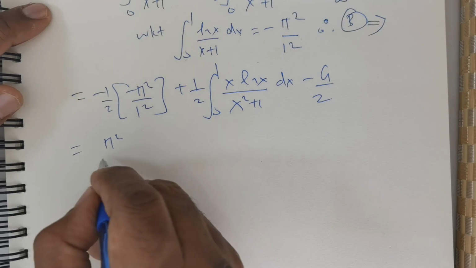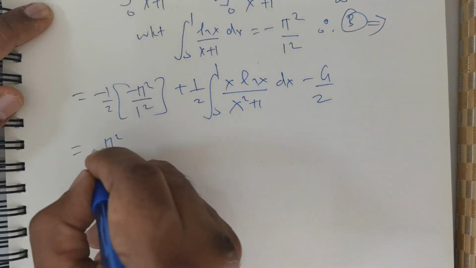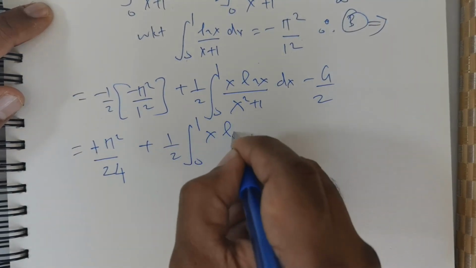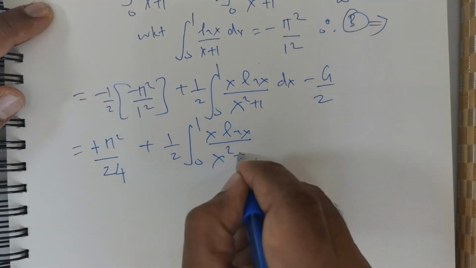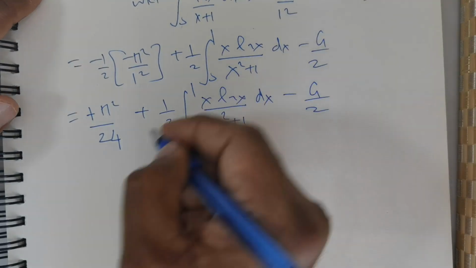This is pi squared over 2 times 12, 24, negative negative positive 1 over 2 integral 0 to 1 x times ln x over x squared positive 1 dx negative g over 2. I need to evaluate this.